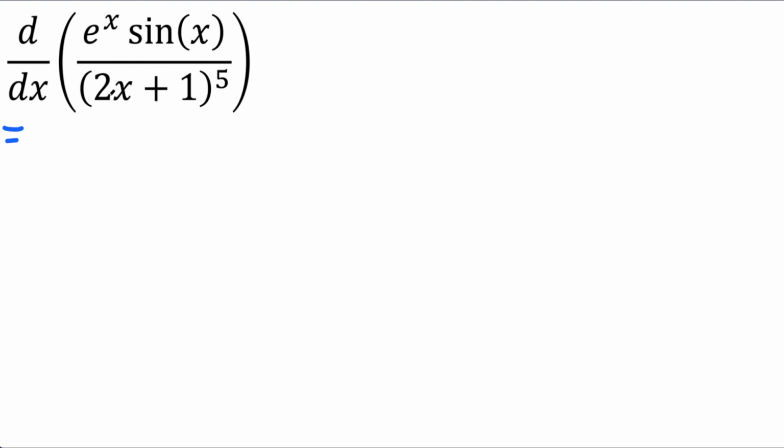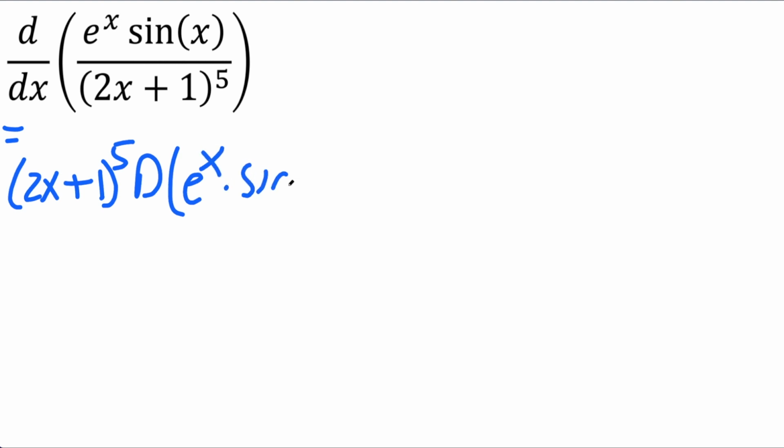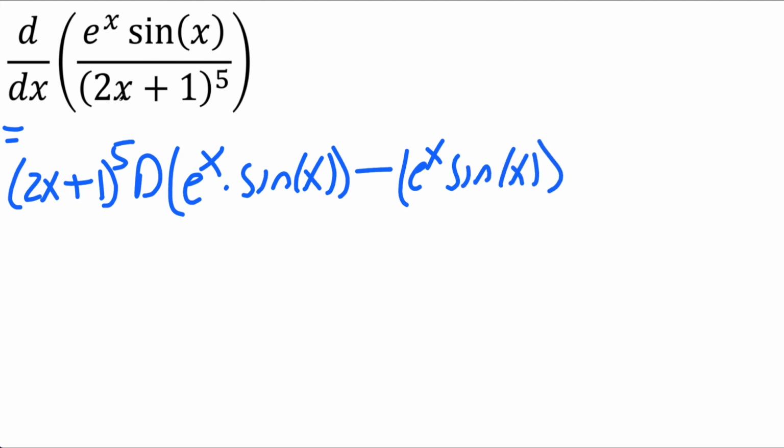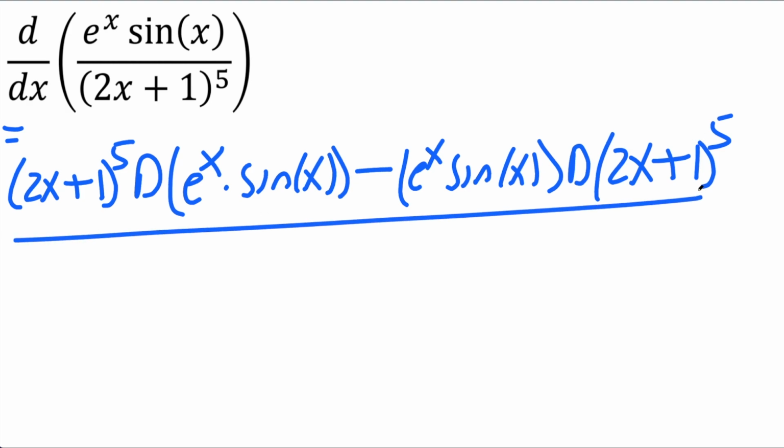So we're going to get low d high minus high d low divided by the square of what's below. So our low is our denominator, (2x + 1) raised to 5, d high, the derivative of the numerator, (e raised to x times sine(x)), minus high, the numerator, e raised to x sine(x), d low, the derivative of the denominator, (2x + 1) raised to 5, divided by the square of what's below.